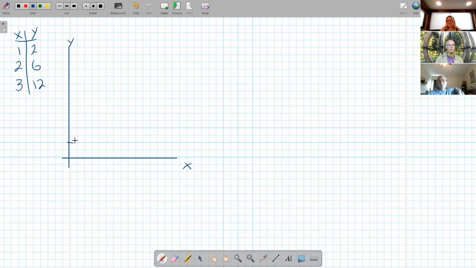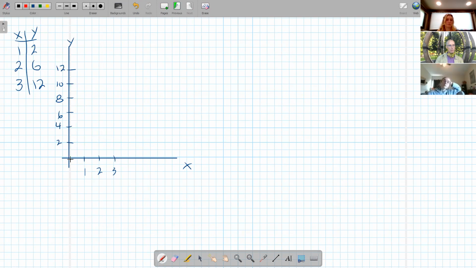So let me see, if we go 2, 4, 6, 8, 10, and then 12 would be way up here. And then scaling similarly over here. Actually, I'm going to scale this one different. I'm going to go 1 there, 2 there, and 3 there. When you graph, once you place that first number, you just got to make sure they're the same distance after that. So it's okay I scaled these slightly different, as long as I'm consistent on a particular axis.